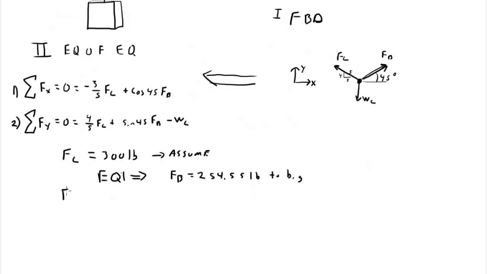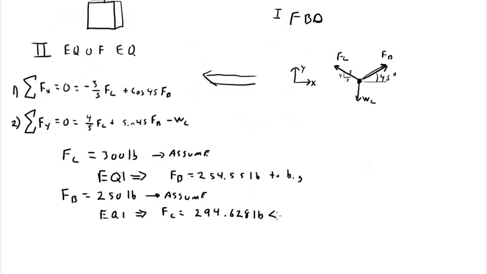Let's check the other way. If FB is equal to 250 pounds, which we're going to assume, then from equation 1, we find that FC is equal to 294.628 pounds, which is less than 300 pounds.